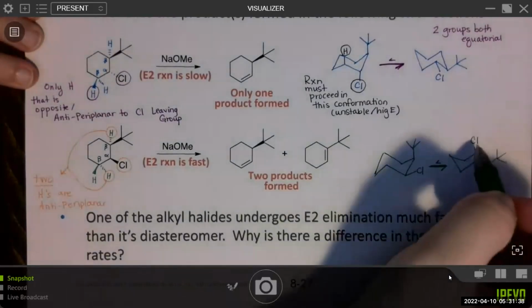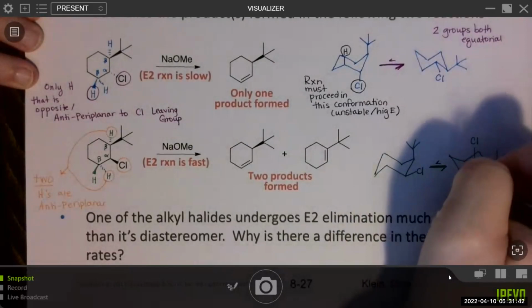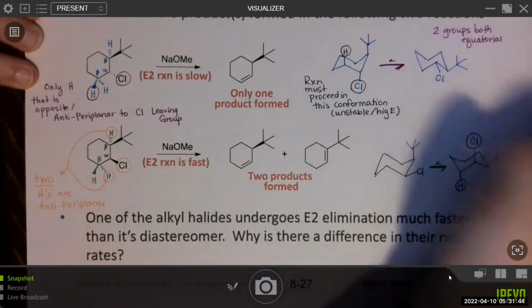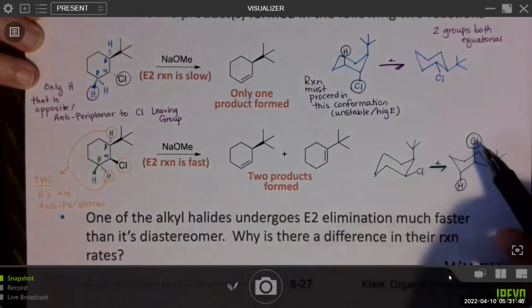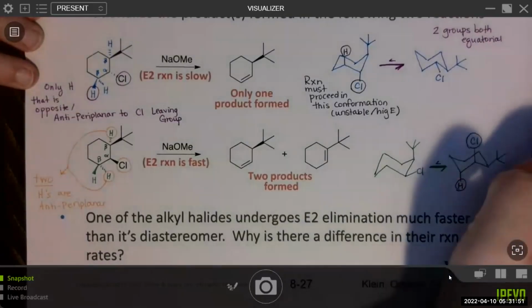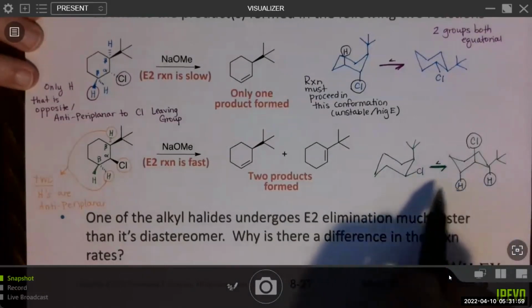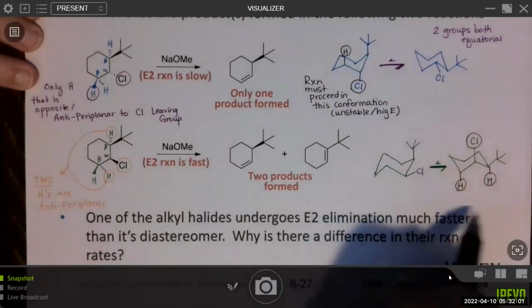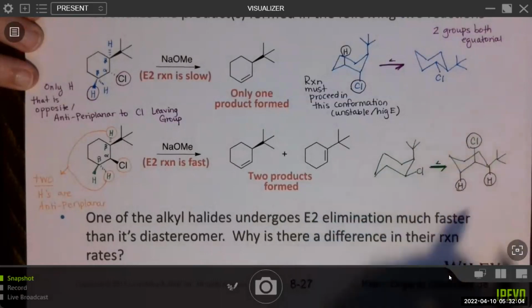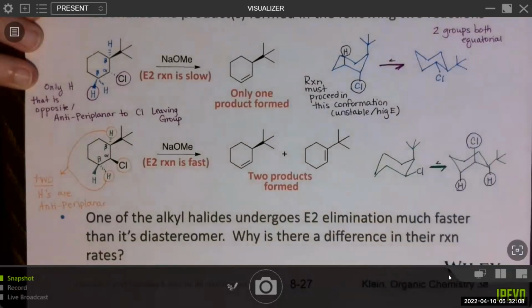The good news is that in this conformation, it is ready for the E2 reaction because the chlorine is axial and it has access to hydrogens that are anti-periplanar to it. So definitely this equilibrium favors this. It'll spend most of the time in this conformation, and the reaction proceeds through this conformation.